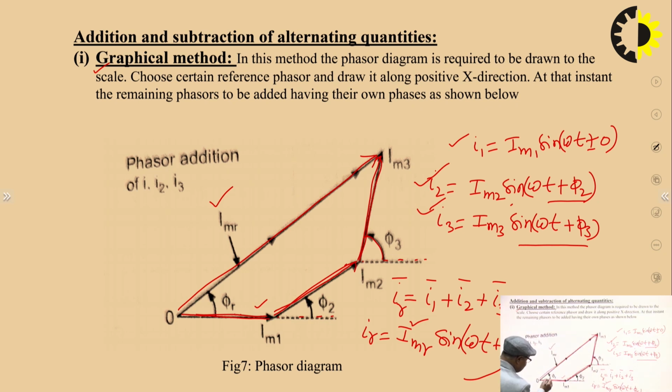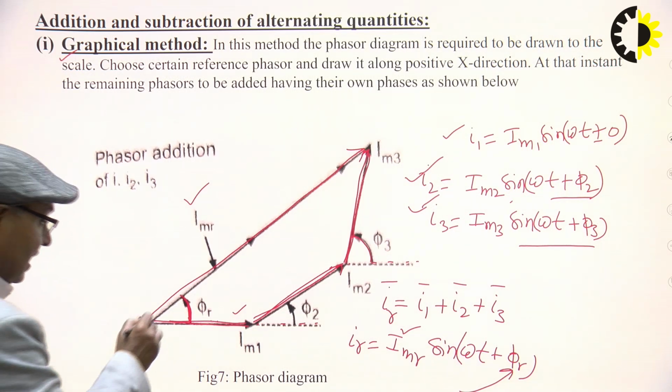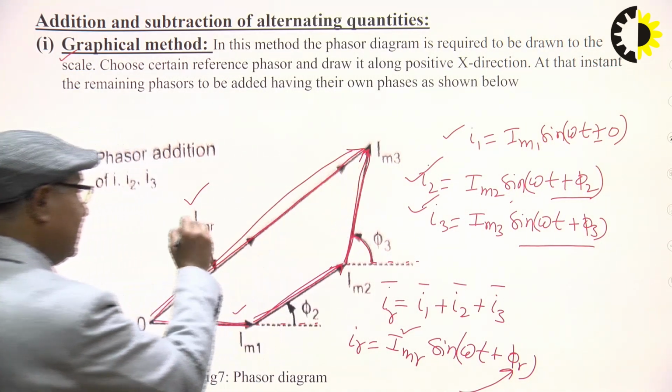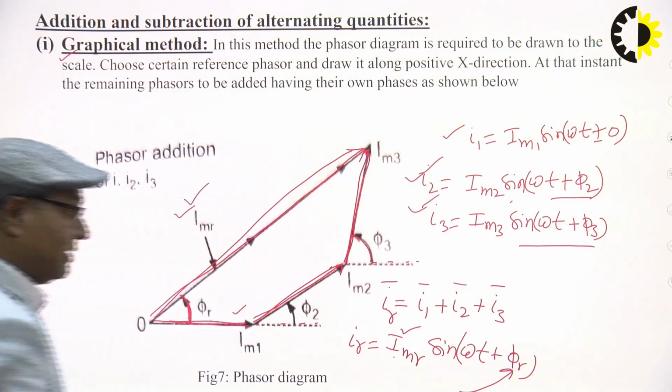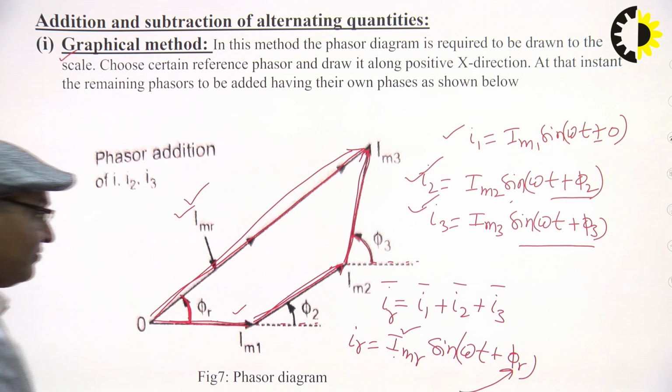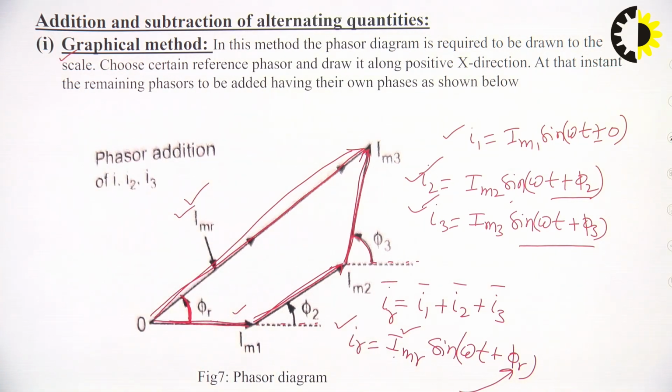The angle of this line from the reference x axis is phi r and the length of this line is IMR. Hence we can represent our resultant like this. This is our graphical method of addition.